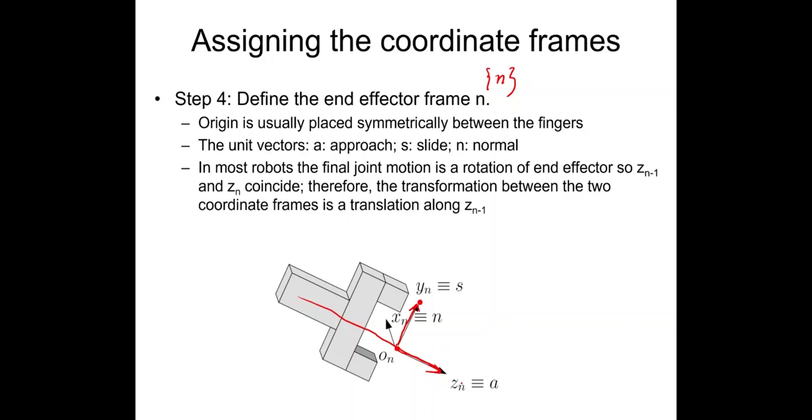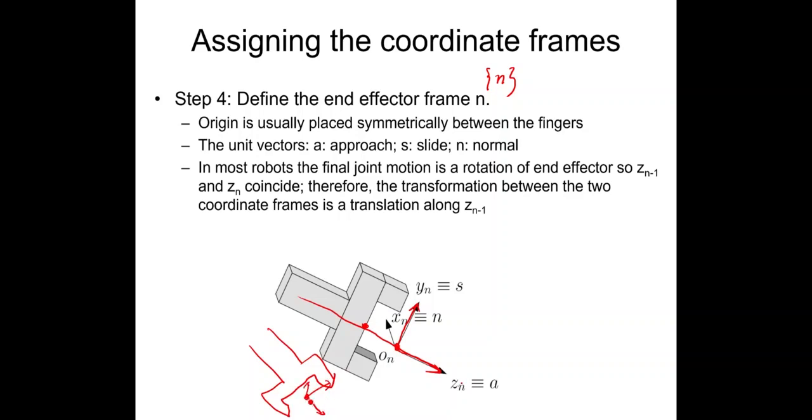And this final end effector frame N is defined based on the geometry of the end effector. Once your end effector, for example this finger, is rotating or moving or sliding, my frame N always corresponds to the geometry of the end effector. So for example, if I move my fingers in this direction, then I am going to have my frame N in this direction.